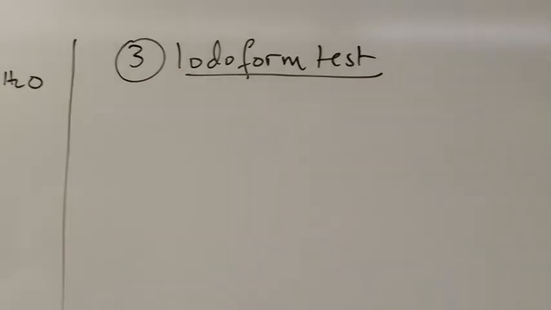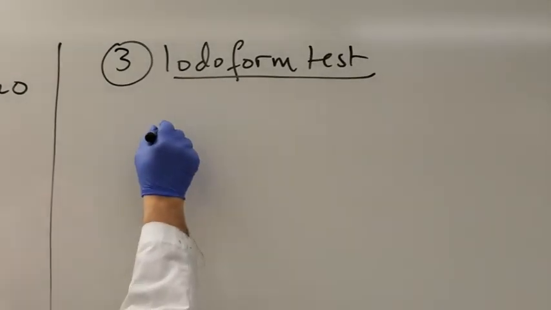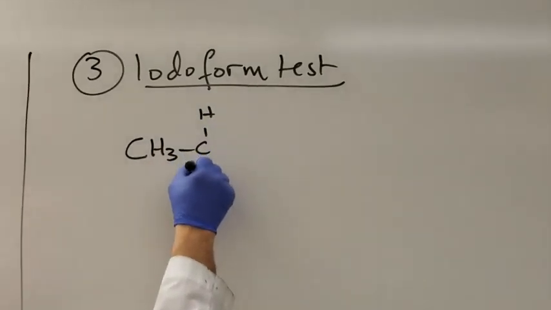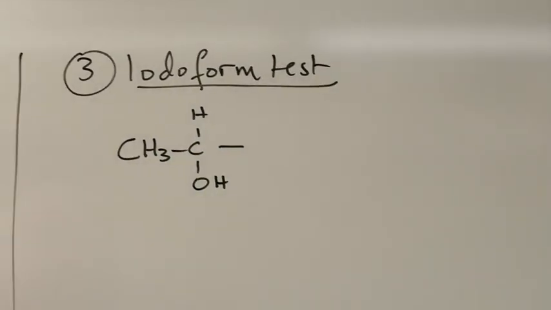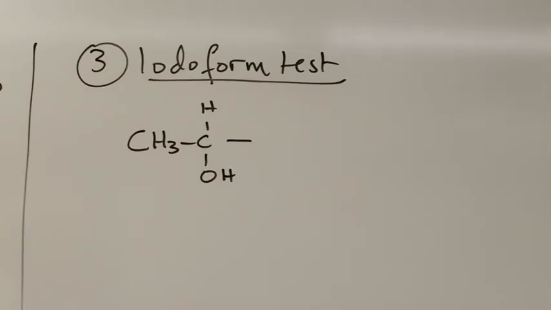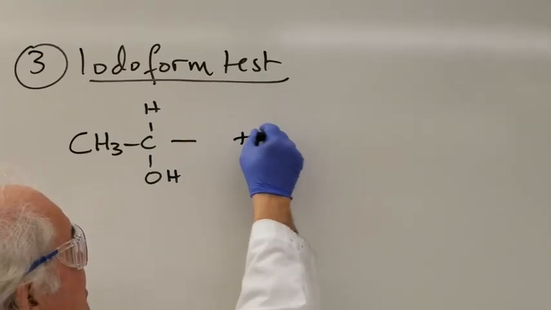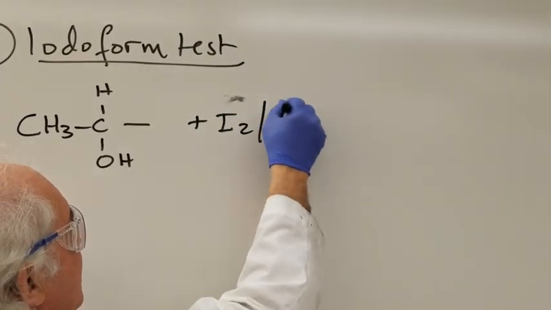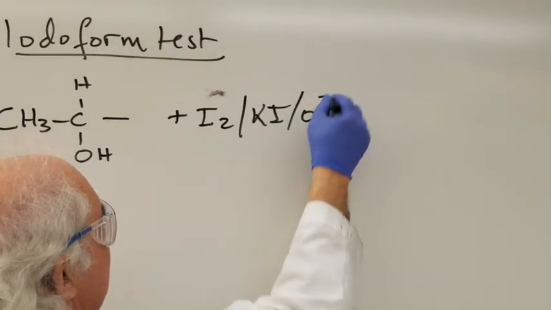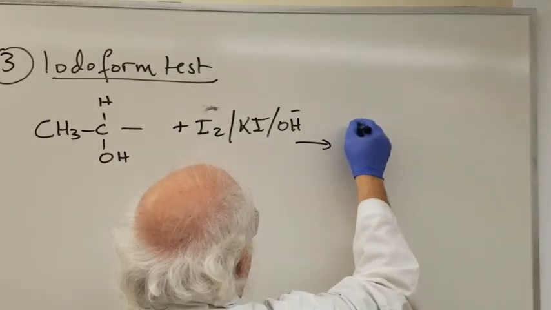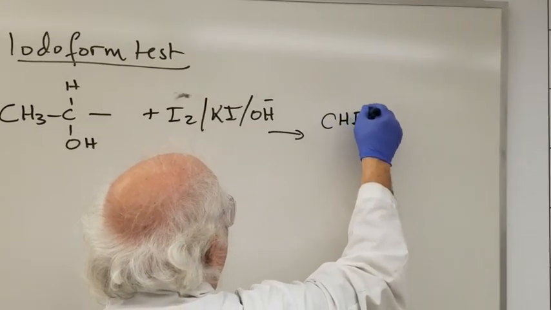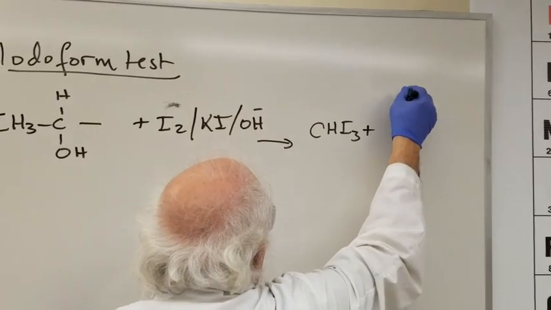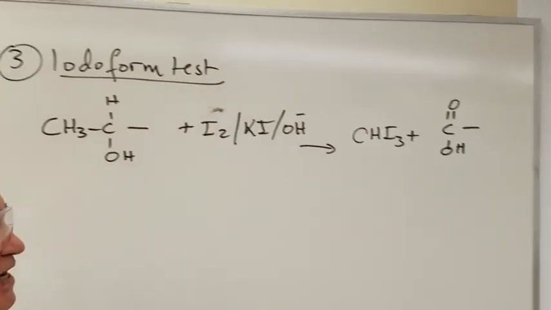The iodoform test, what actually takes place, it's characteristic for alcohols that have this group. What happens now is if you treat this one with I2, KI, and base, you end up with CH3, plus C(=O)OH, the carboxylic acid.